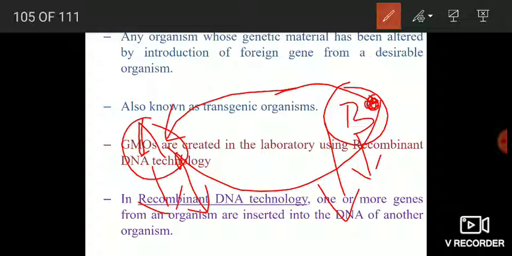So recombinant DNA technology is the procedure by which a gene of interest, or a desirable gene, is removed from one organism and inserted into the genome of another organism, so that the latter organism also gets the character which was present in organism B.